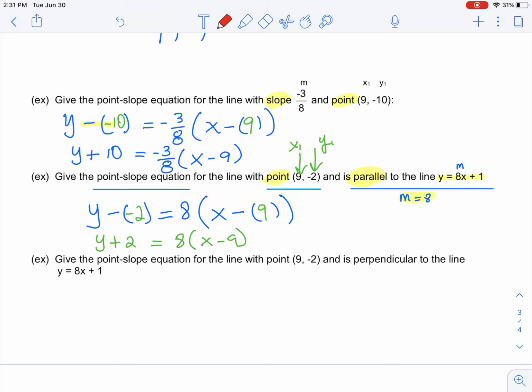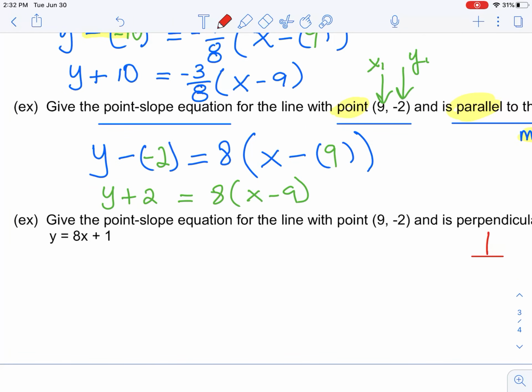The key word here is perpendicular. When you have something perpendicular, it's because you have slopes that are opposite reciprocals. So here, if the slope is a positive 8, I need to get the other slope that's perpendicular. The opposite of a positive is a negative, and the opposite of 8 over 1 is 1 over 8.